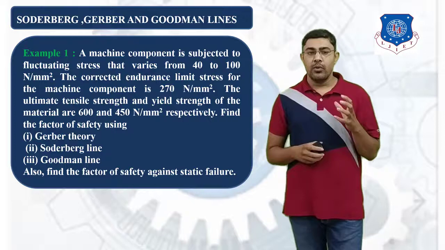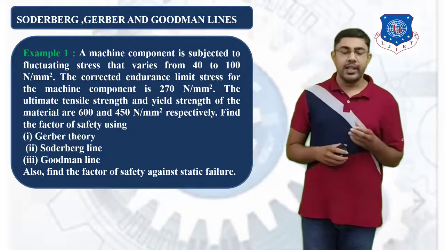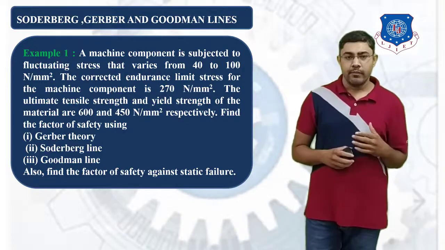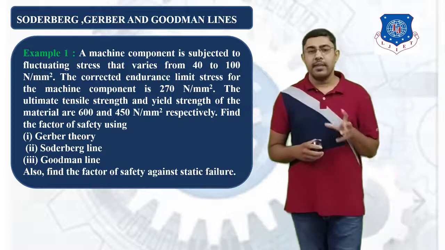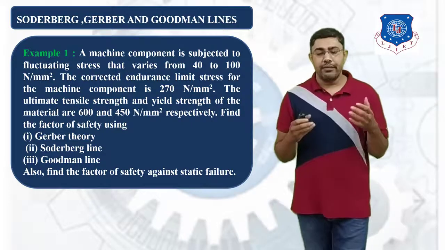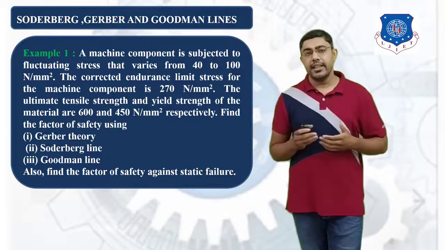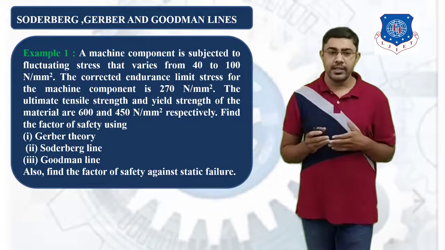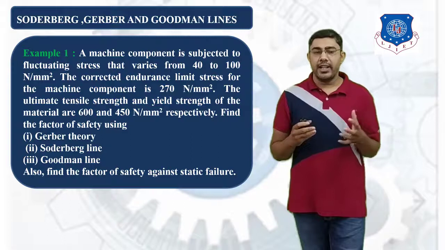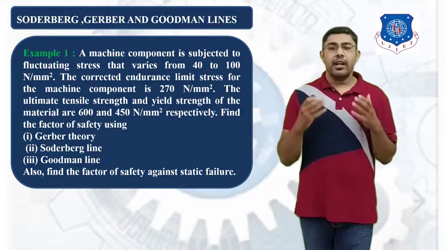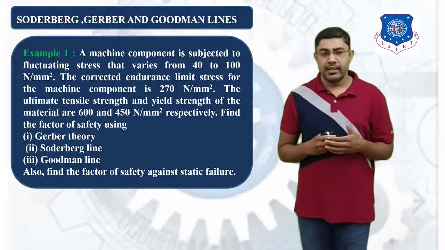Also find the factor of safety against static failure. So according to this problem we have to find the factor of safety for the Gerber, Soderberg and Goodman line theories, and also against static failure.